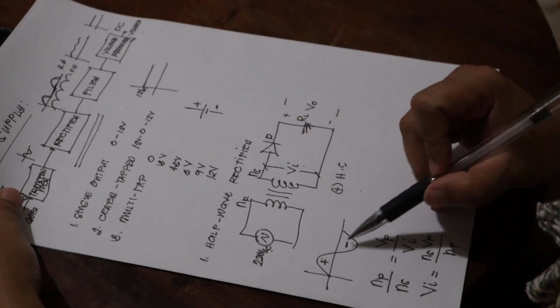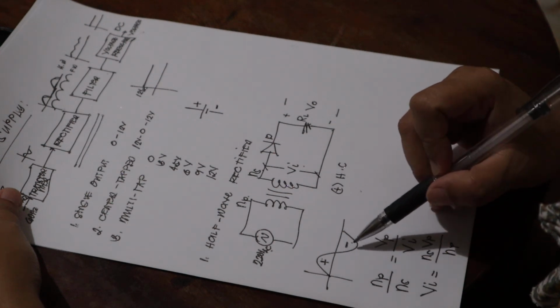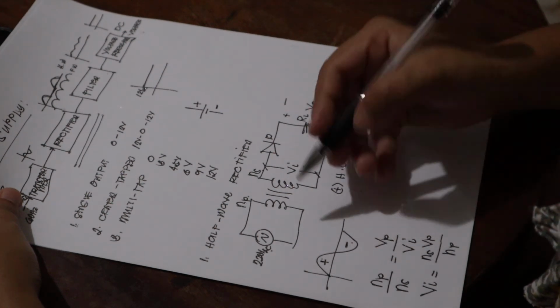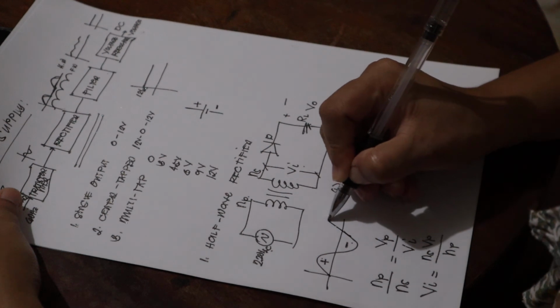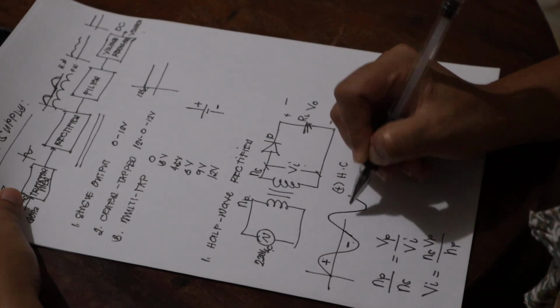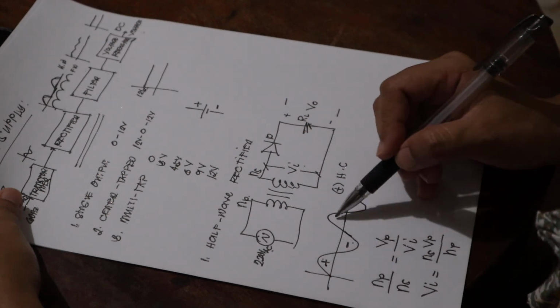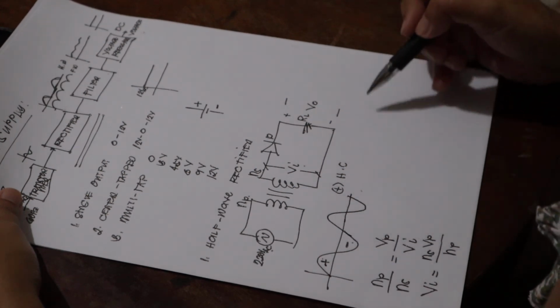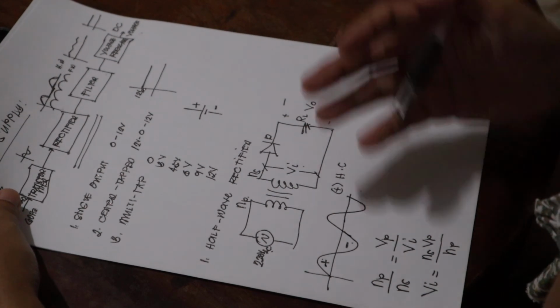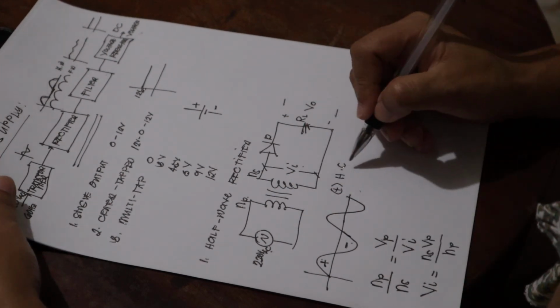However, dito sa ating AC ay nag-iiba siya. So, if there are several cycles, positive, negative, and then it continues until kung ilang cycles yan.